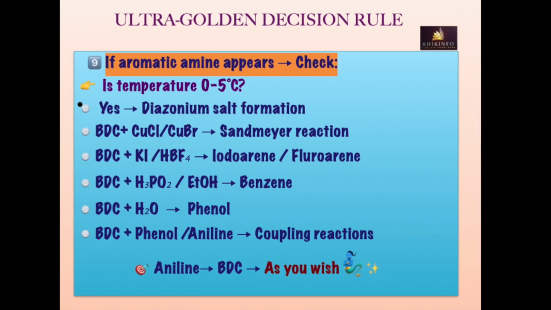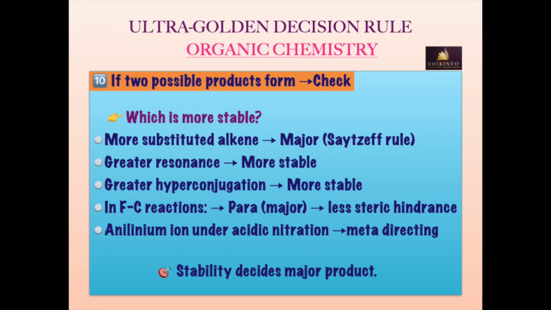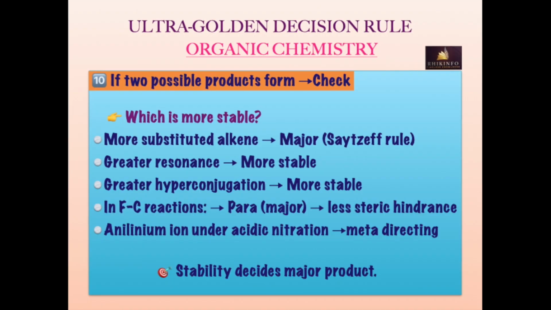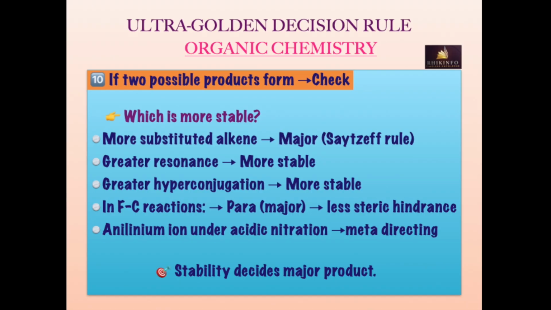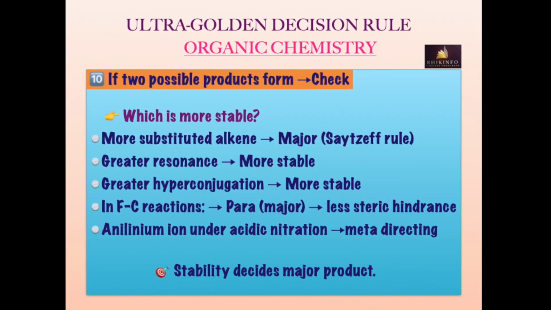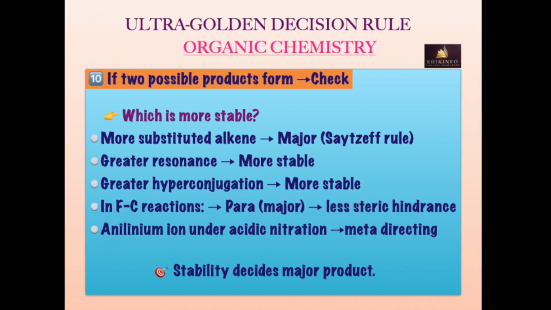Coming to the final hack number 10. Are two products possible? Then choose the more stable one. Major product stability depends on more substituted alkenes, greater resonance stabilization, greater hyperconjugation, and when a carbocation is involved, tertiary is more stable than secondary and primary carbocation.